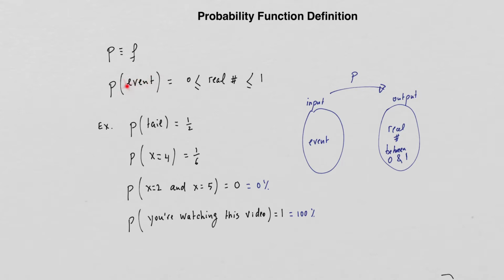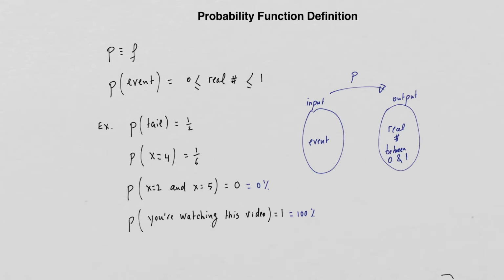And usually it is written in plain English, but we have a shorthand mathematical notation that refers to the English statement. So feel free to say it in English or in mathematical terms. And the output is a real number, except that this real number has to be between 0 and 1.